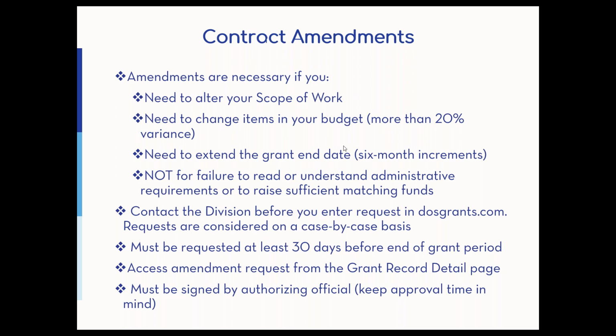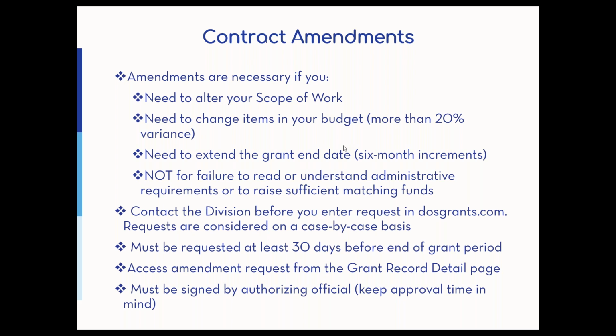Before you request an amendment in DOS grants, be sure to reach out to me first so we can talk about what it is that you need to do and that I know to look for it, because I don't get a notification that it's in there. And I do consider those on a case-by-case basis.